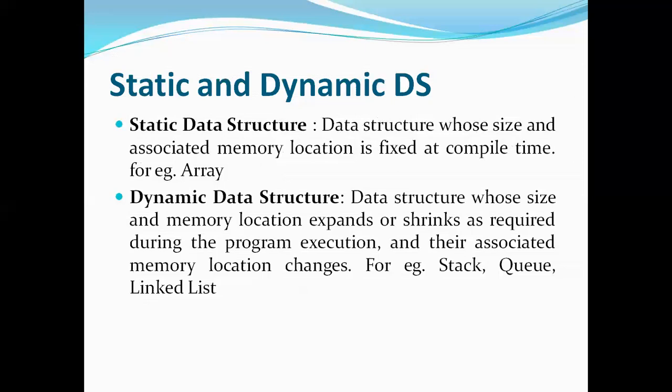Whereas in dynamic data structures, the size and memory we can either expand or shrink as required during the execution of the program. So that is dynamic. We can increase or decrease the size of a stack, a queue or a linked list. So these are dynamic.